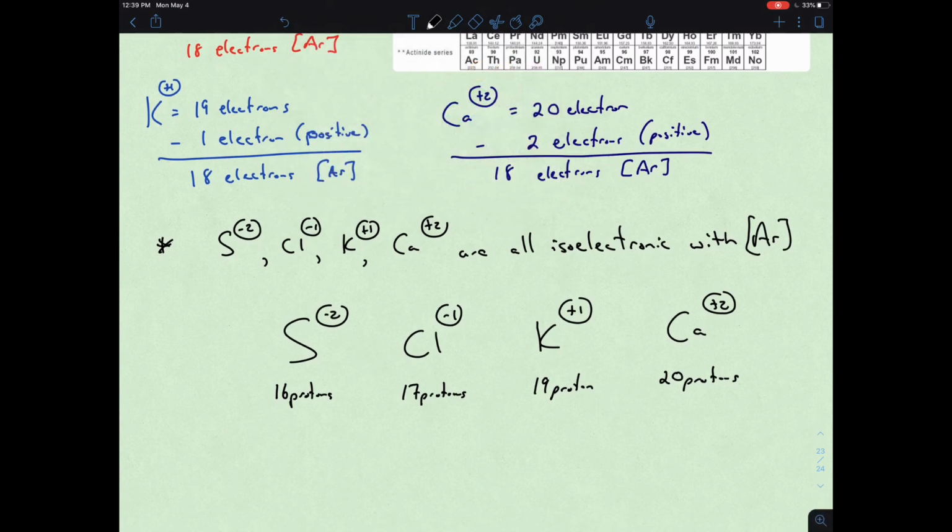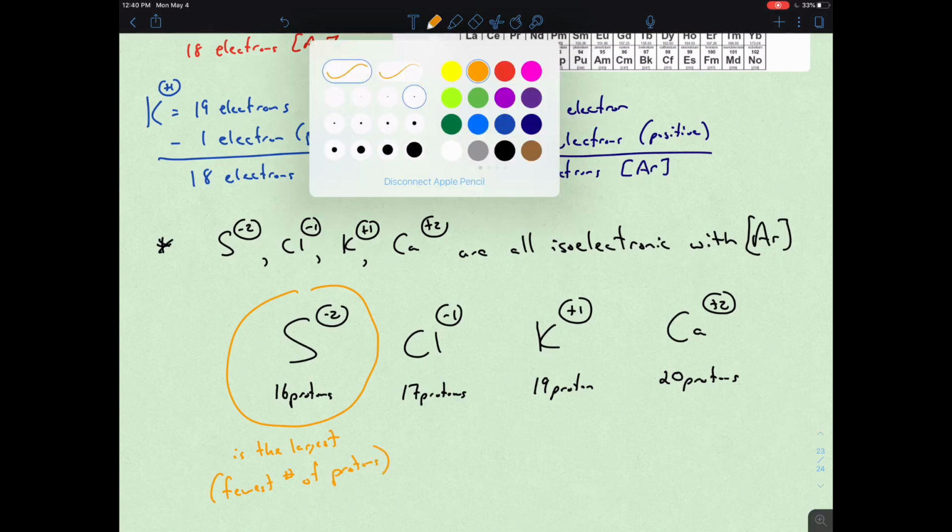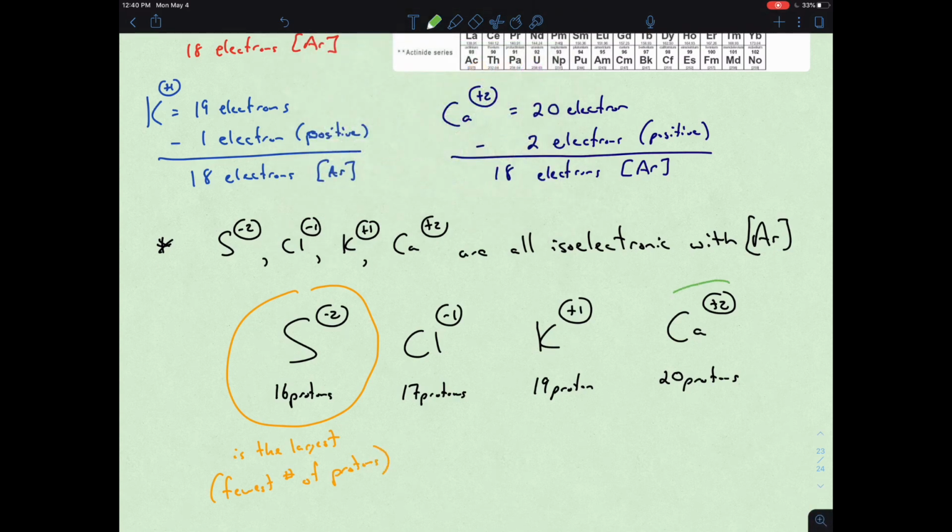They all have 18 electrons because they're all isoelectronic. So that means that our sulfide is the largest because it has the fewest number of protons, while then our calcium is the smallest.